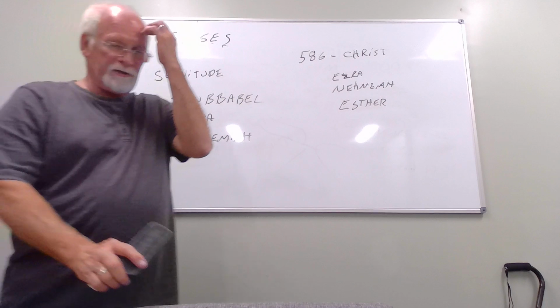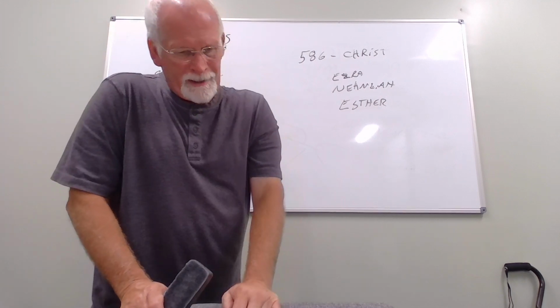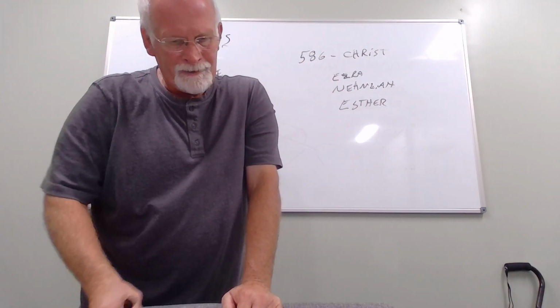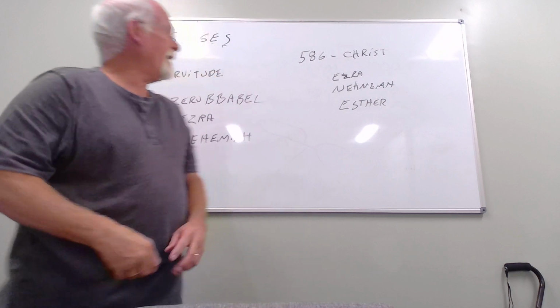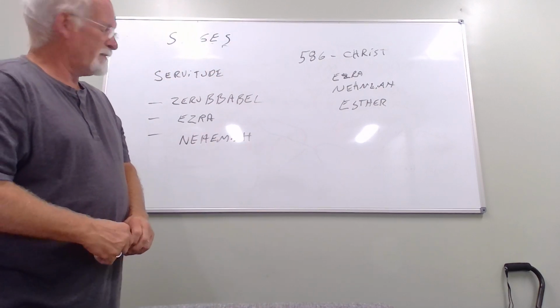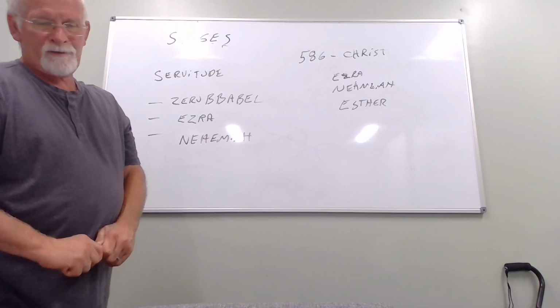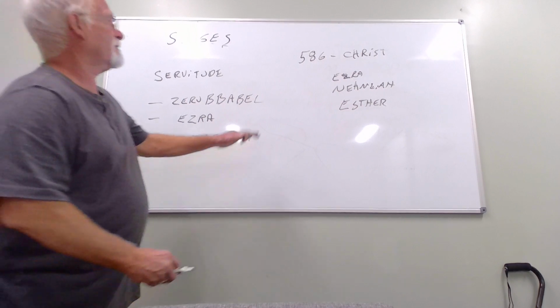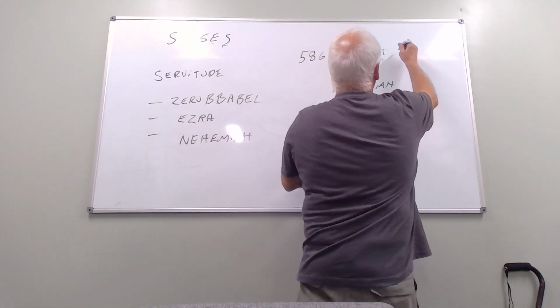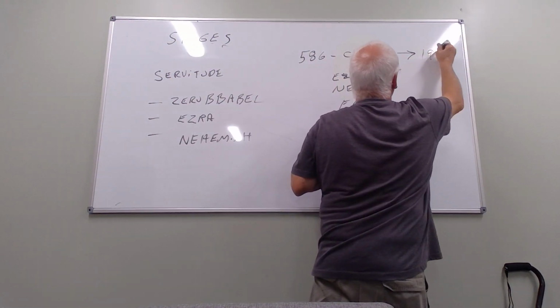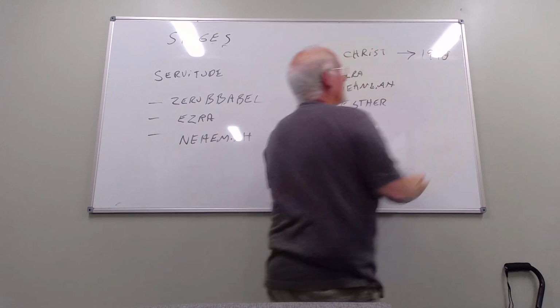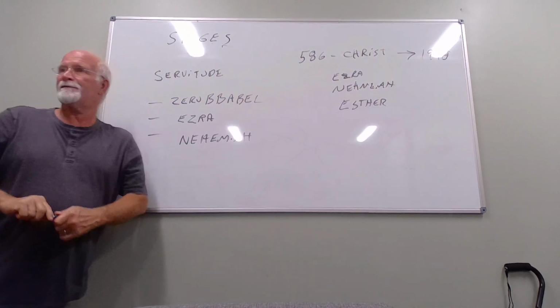And the servitude is really an important period of time. Actually, this servitude period of time, we can say it's 586 to Christ, but it really is to 1948. Really, when you think about it.